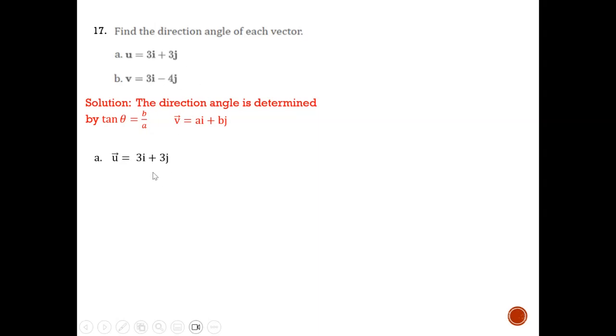So for part A, the tangent of theta equals 3 over 3, because both are positive, so it's quadrant 1. Now, how do we solve for theta? We take the arctangent of both sides. So theta equals the arctangent of 1. If you put that in the calculator, guys, it's going to give you 45 degrees or pi over 4. It depends if you have it in degrees or radians.